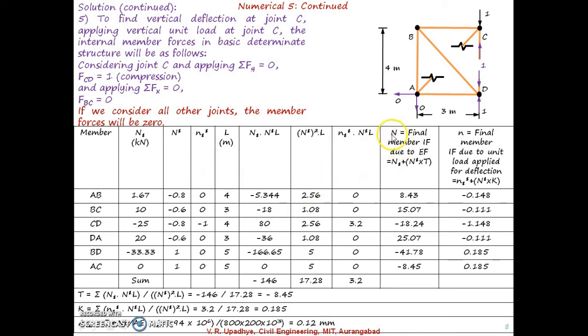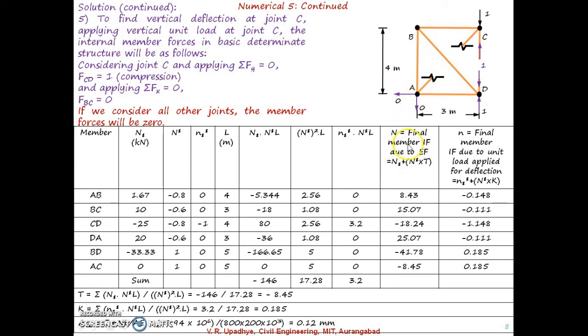And then what is calculated is capital N, the final member internal forces due to external forces. In column 2, whatever internal member forces were calculated were due to the applied external forces, but in the basic determinate structure, and in the original structure we have that member AC which was cut to convert the given structure into the basic determinate structure.